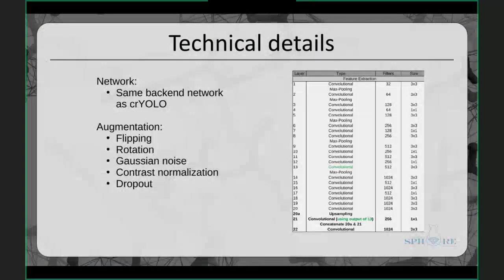And Cinderella shares the feature extraction part with crYOLO. This has one advantage, and I will come back to that advantage on a later slide. But this network worked very well for crYOLO, and therefore we didn't see any point why it should not work for the 2D classes.